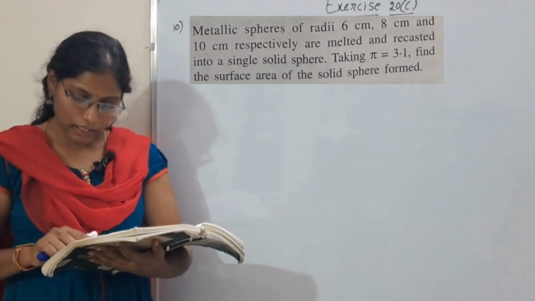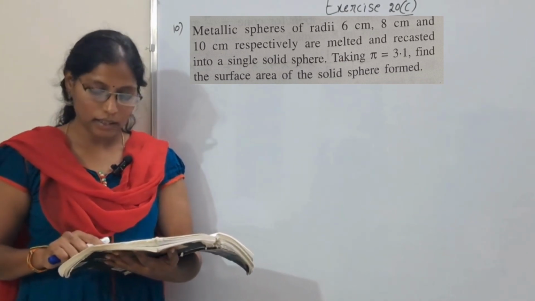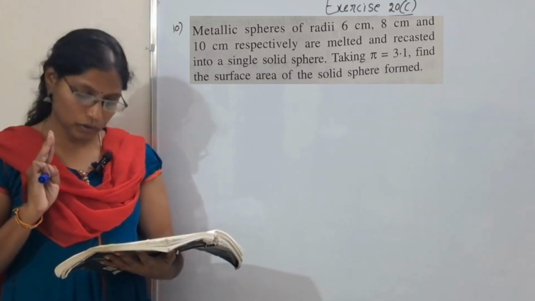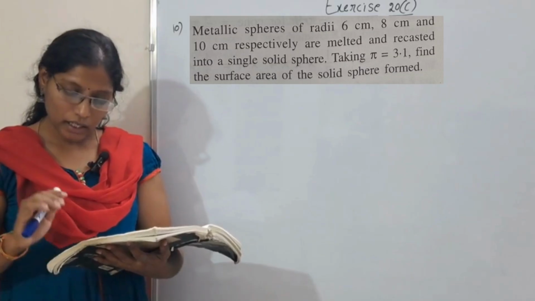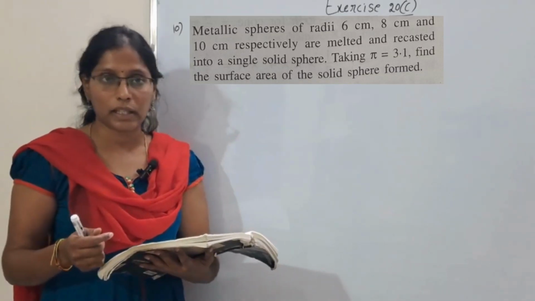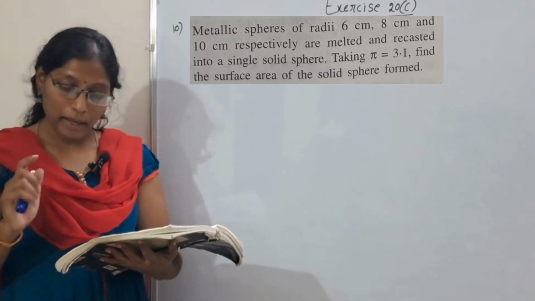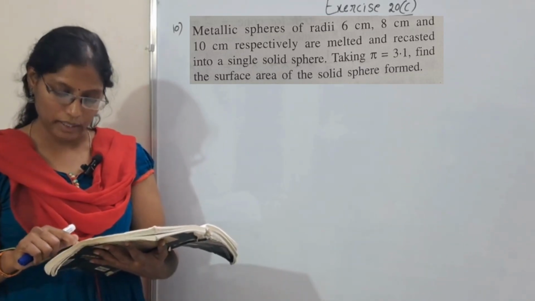Next, problem number 10. In this problem, metallic spheres of radius 6 centimeter, 8 centimeter and 10 centimeters. So 3 radii they have given. 3 spheres we have to melt and recast into a single solid sphere. Taking pi value as 3.1, find the surface area of the solid sphere.